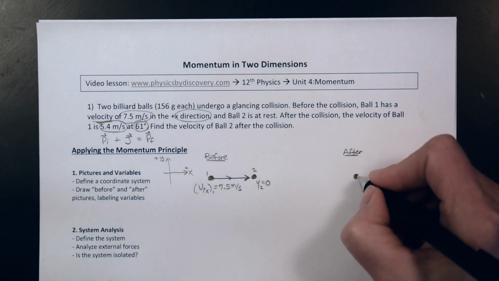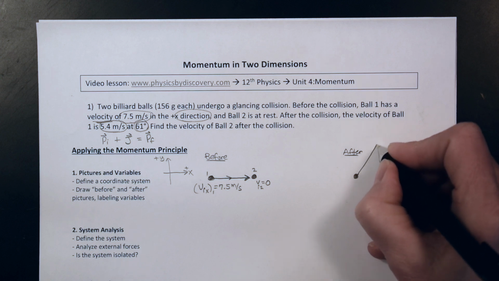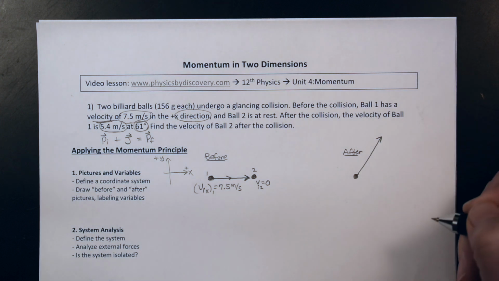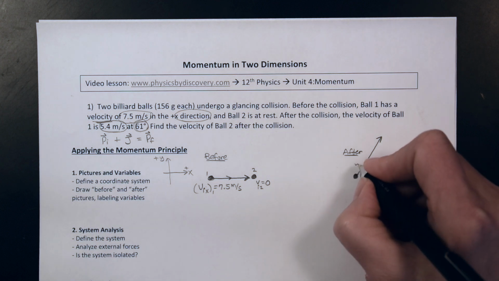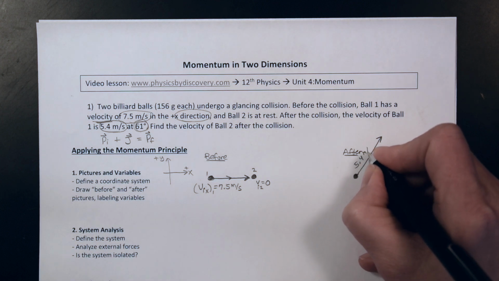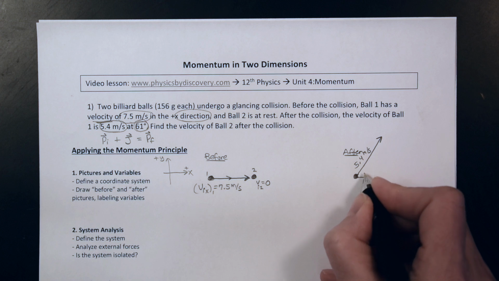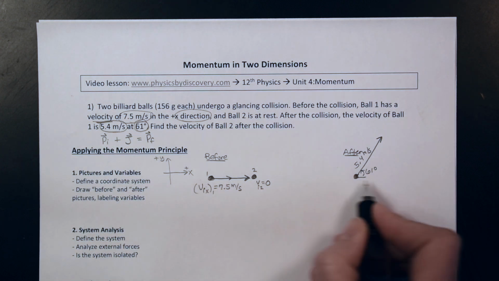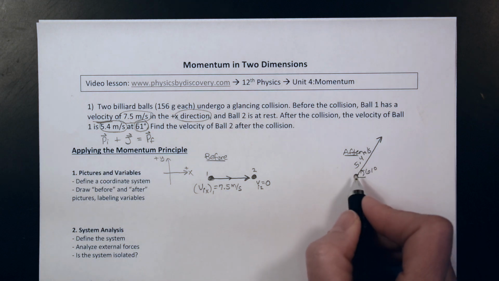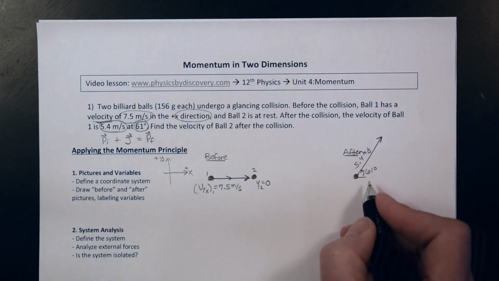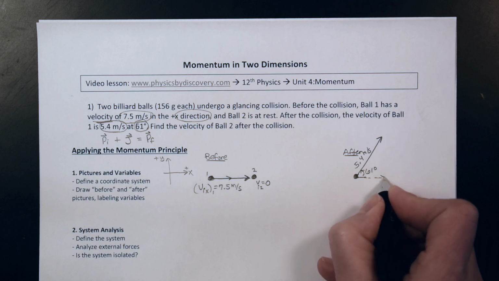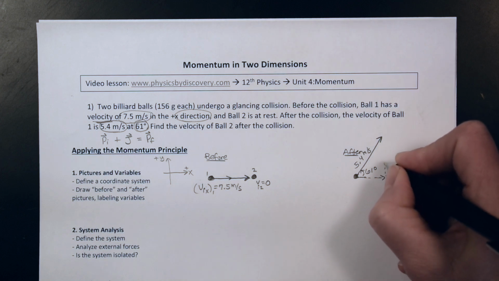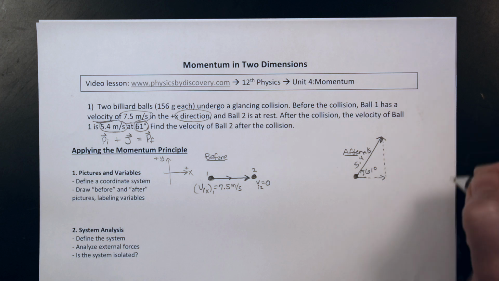So afterwards, this ball is moving in this direction with a speed of 5.4 meters per second, and the angle is 61 degrees. And then because I just drew this and I know we're going to be working in two dimensions, I'm going to go ahead and draw the components of this, the horizontal component and the vertical component.